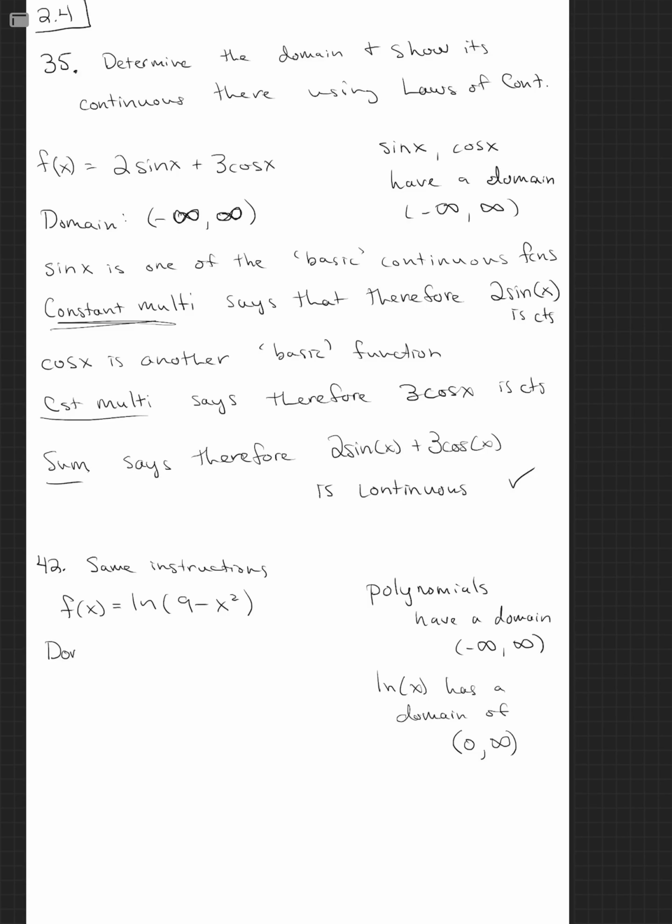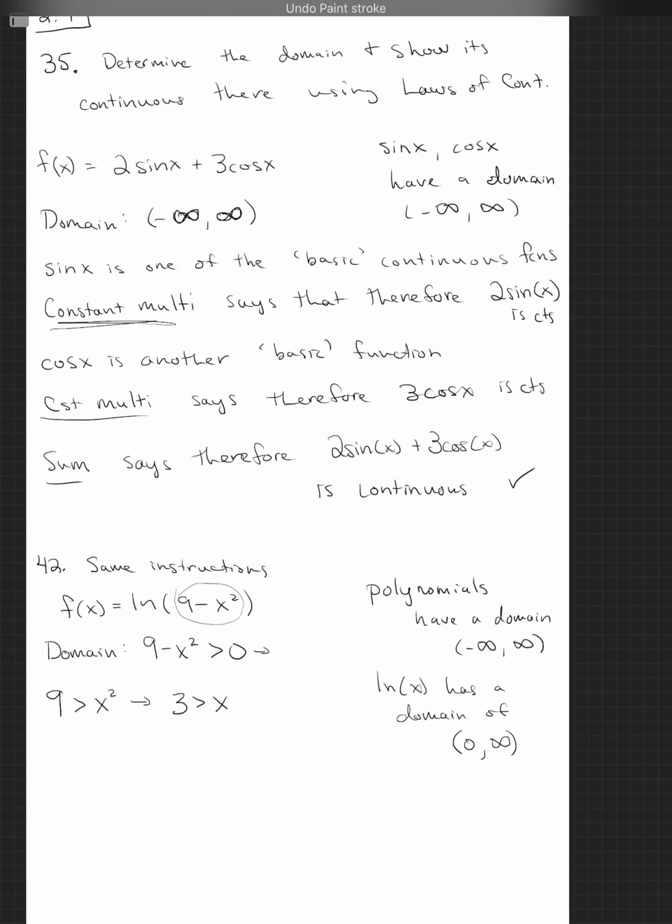Right? So that means our domain is given by what's inside the logarithm having to be strictly greater than 0. Right? But domains need to be written in terms of x. So we're going to go ahead and solve this for x, and we get that x needs to be between 3 and negative 3, right?